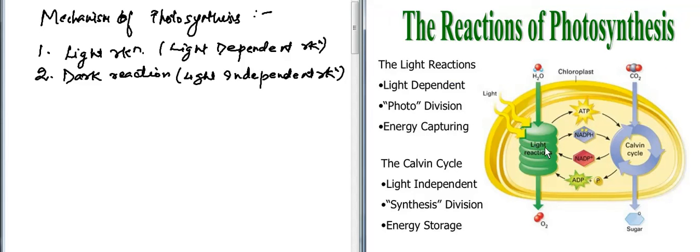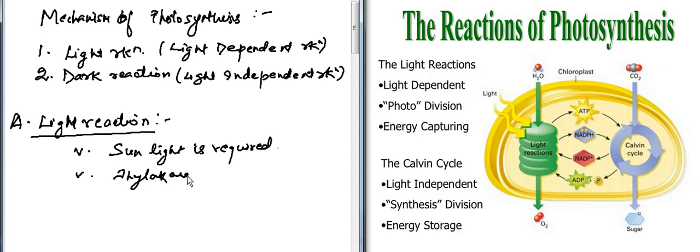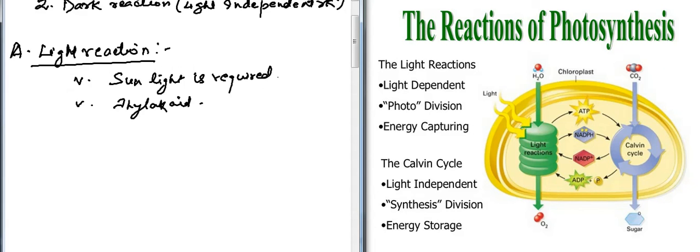See the light reaction, so start with the first part, that is the light reaction. The first thing about this is that sunlight is required here. Okay, so where is it happening? This will happen in the thylakoid. In the thylakoid this process will happen.